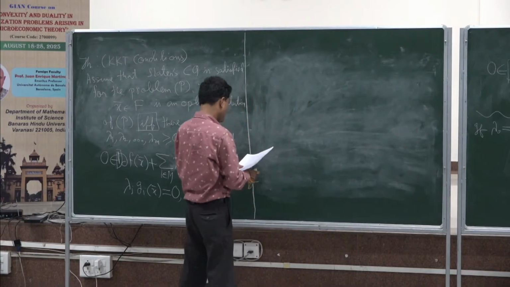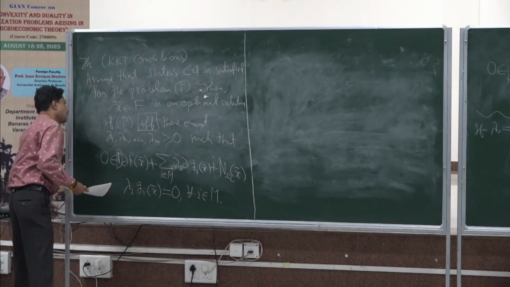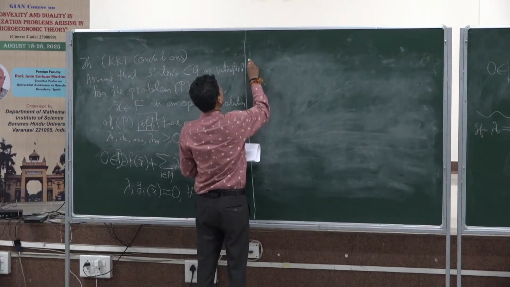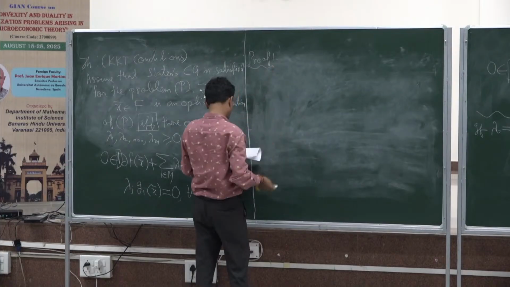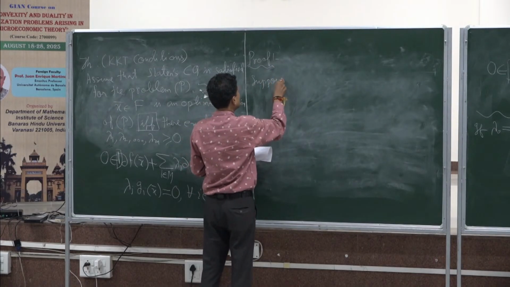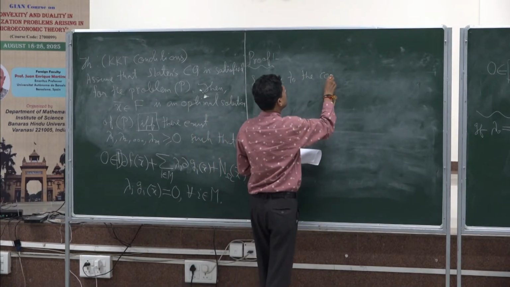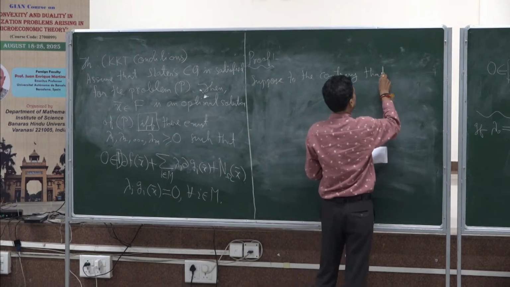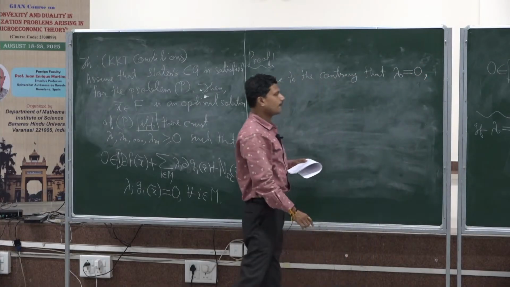We have to show that lambda naught is not equal to 0. So suppose, to the contrary, that lambda naught is equal to 0, right.